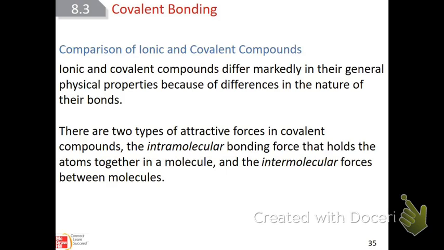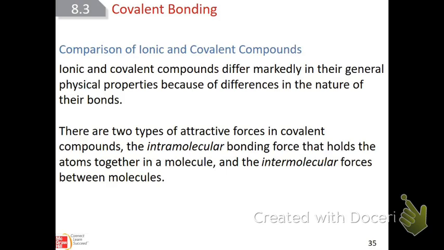Which would you rather be? Think about it. Ionic compounds at room temperature are mostly solids. They're very sturdy. When they are poured into water, they break apart and they conduct electricity. They have very, very high melting points.